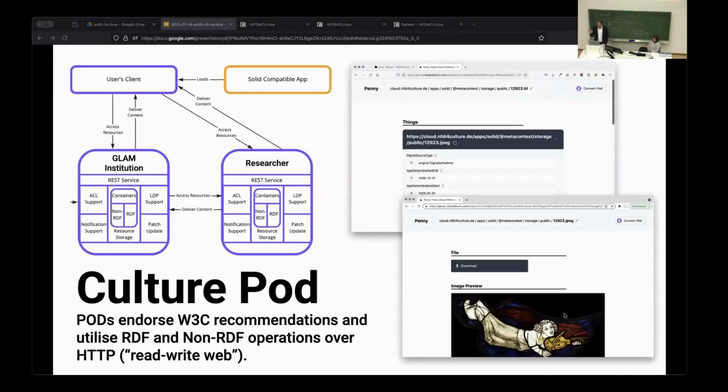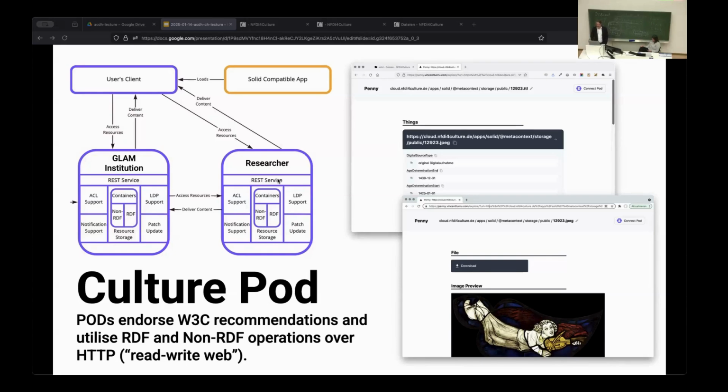And without throwing too many diagrams at you today, here you can see that, you can see my mouse. Yeah, that's how it could work. So you would have pods for GLAM institutions, and they are based on SOLID, using the same linked data interface. And there could also be individual pods for researchers where you keep your data from your research.